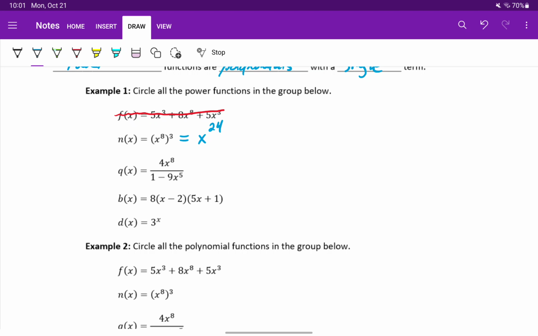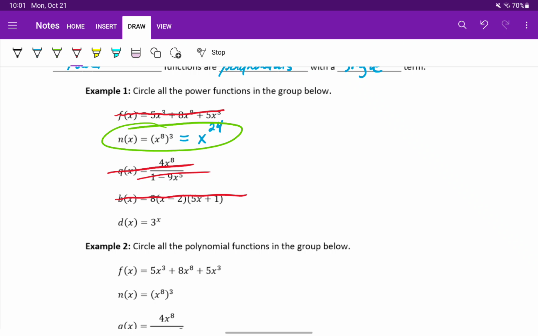Meaning what we have is a single term, a single x variable raised to a power. So n of x is a power function. Q of x has too many terms, so we'll throw that out. B of x, again, has too many terms, so we'll throw that out.